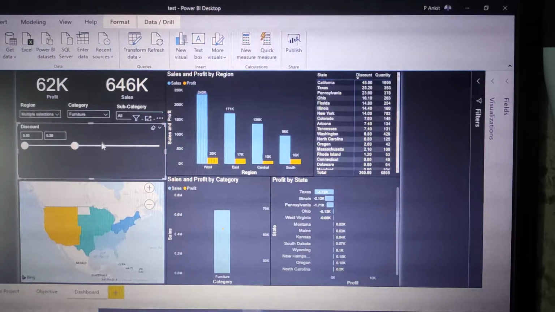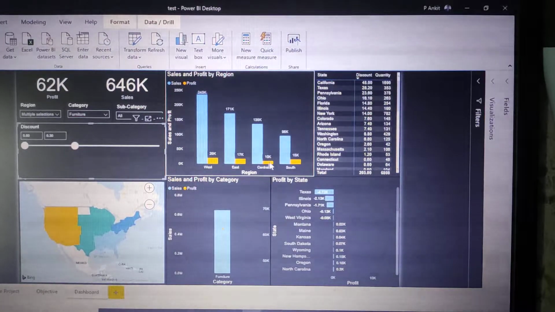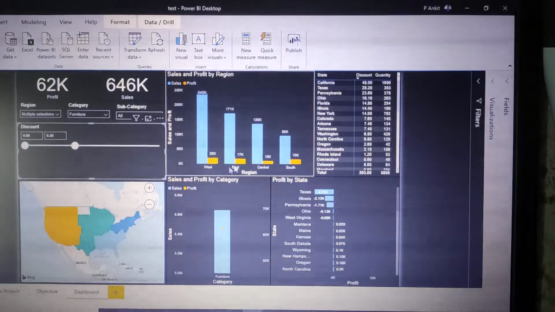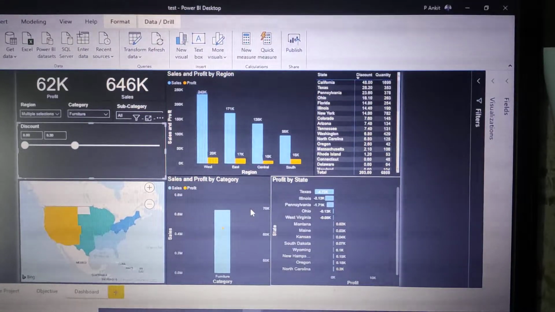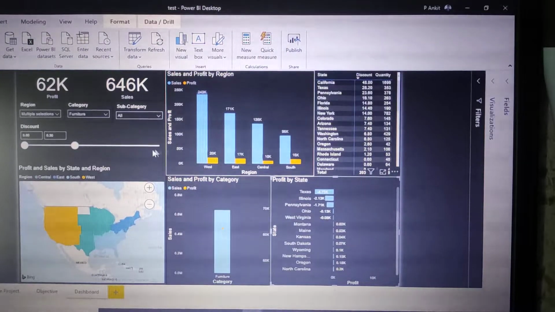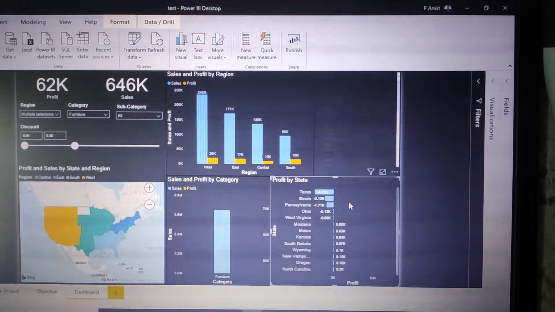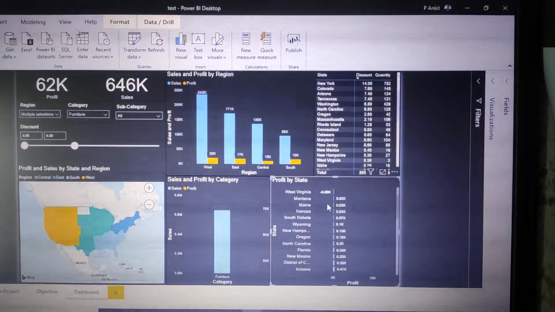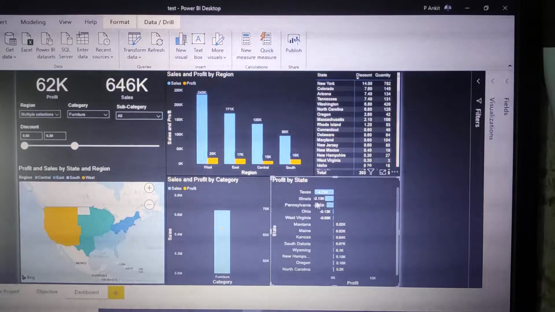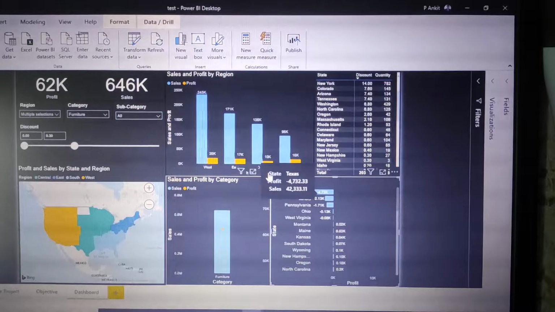I have reduced it to 30%, and I can see the profit for the central region shot up, as well as for other regions. But at 30% Texas still shows a somewhat negative profit in the furniture category.